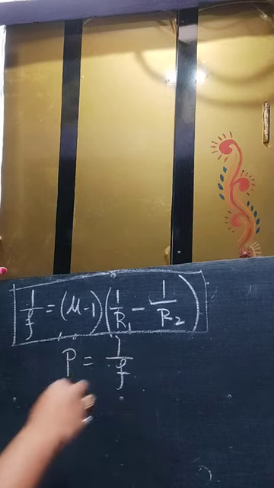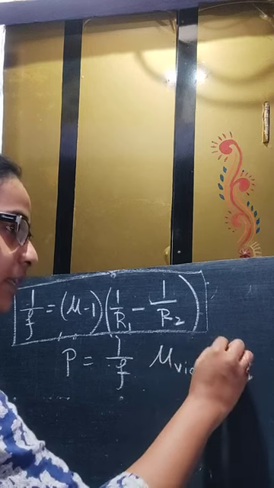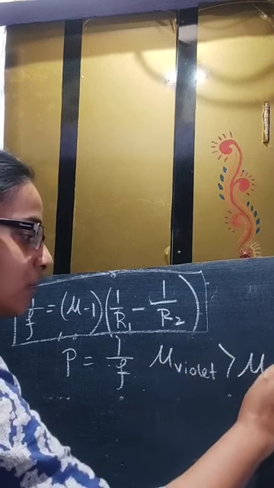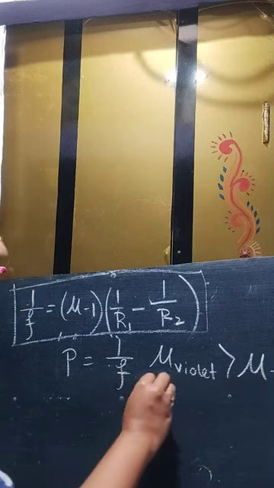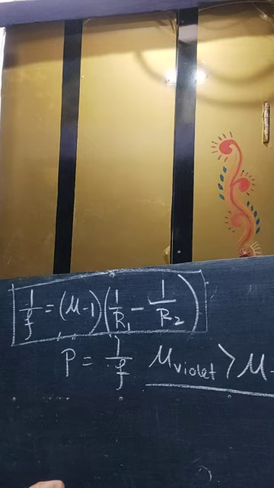So according to this, mu violet is greater than mu red. So according to this condition, the power of the lens will increase. Okay.